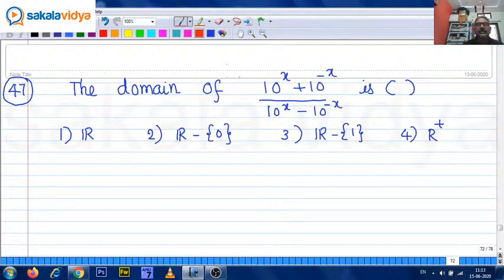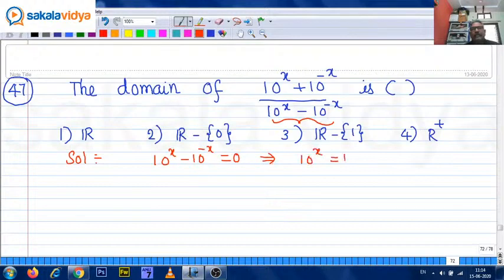Here it's clear that 10 power x minus 10 power minus x shall not be equal to 0. First, if you equate it to 0, what will you get? 10 power x equals 10 power minus x. So the bases are equal, which means x equals minus x.